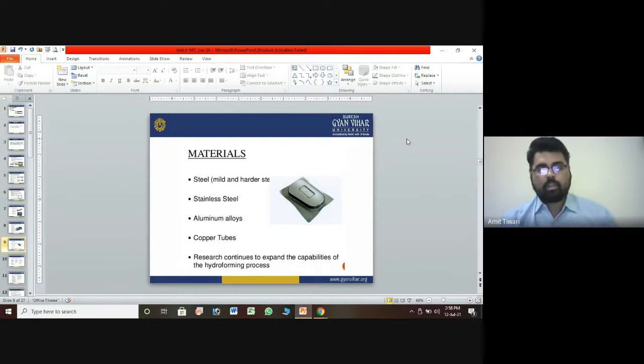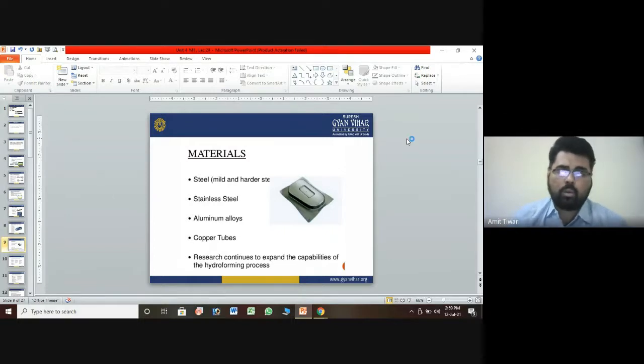So in the case of material, you have to select steel, because we know that steel is a very popular, very heavy and hard material with good mechanical properties. So you select steel for making the hydroforming. That is very popular for that. Stainless steel and aluminum are commonly used.